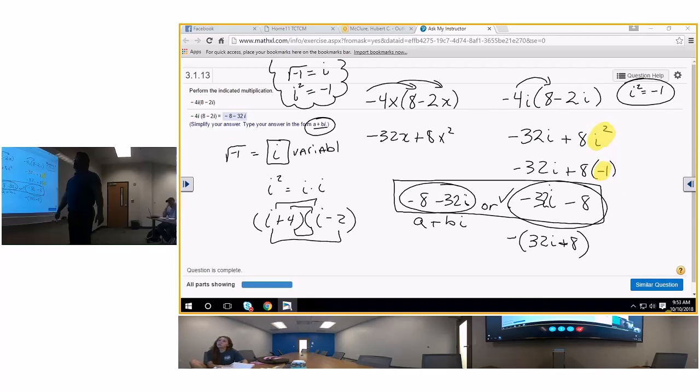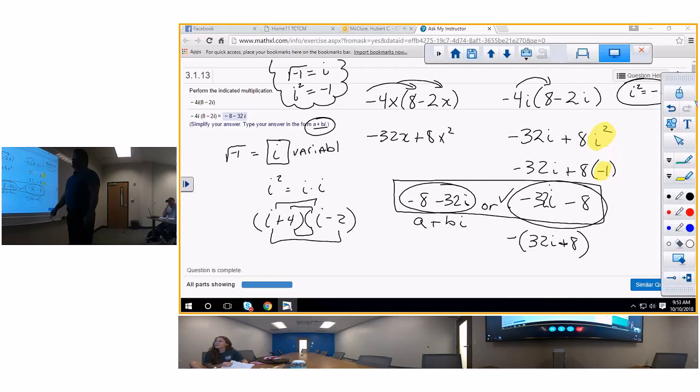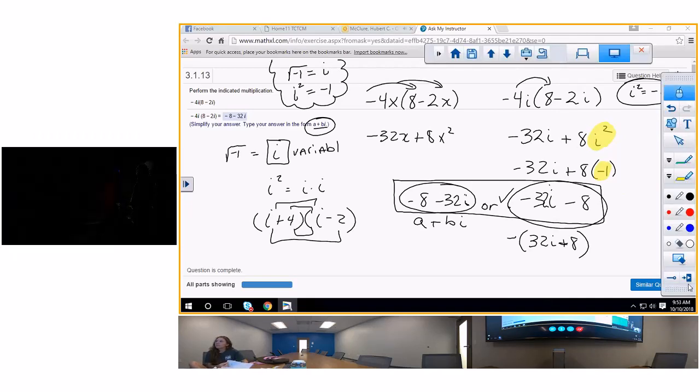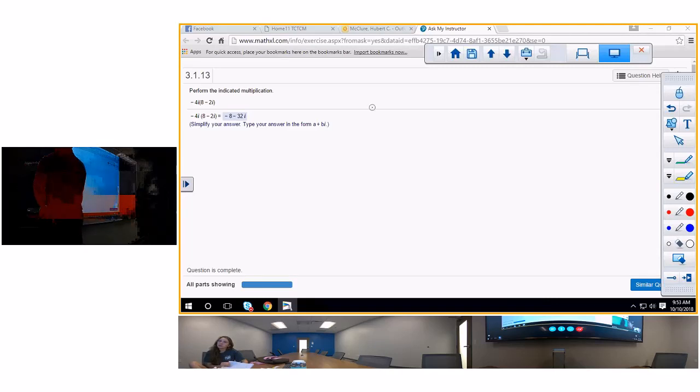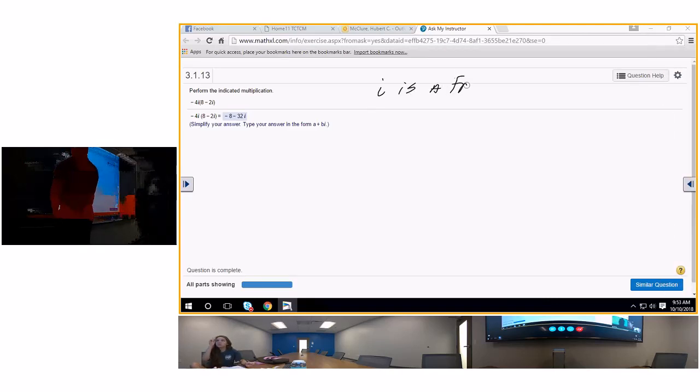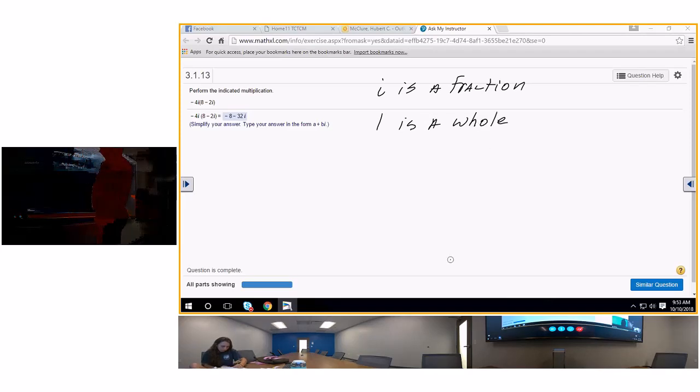I'll give you a quick trick about that, because when I first started teaching, I ran into that problem with students, and they didn't know how to do it, so I thought up something. It's not in your book, okay? Just write this down. i is a fraction, and 1 is a whole.